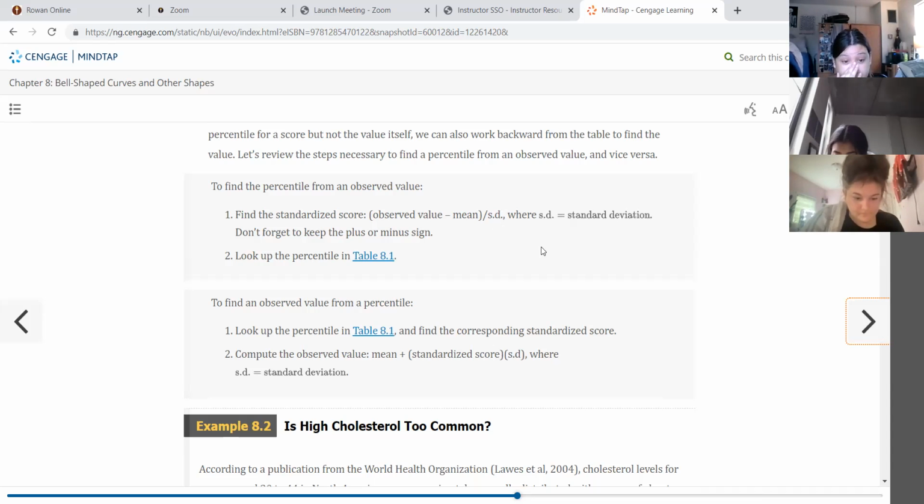That's what you need to know for this test: the basic idea of how to do a standard score, and also how to convert a standard score back to the original score. So if I said somebody scored 2.5 standard deviations below the mean, that means they scored a 75.